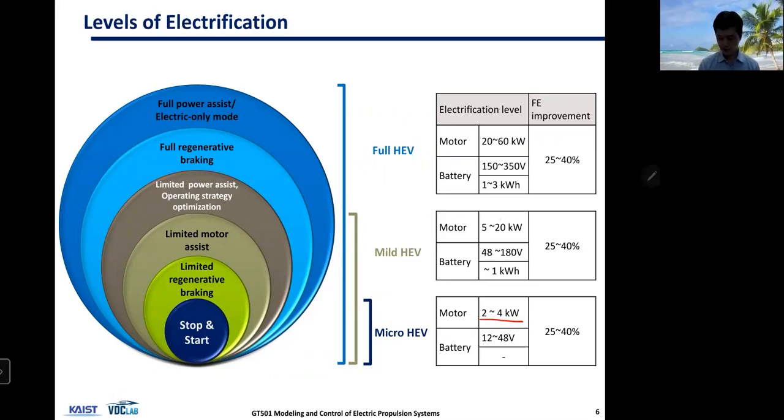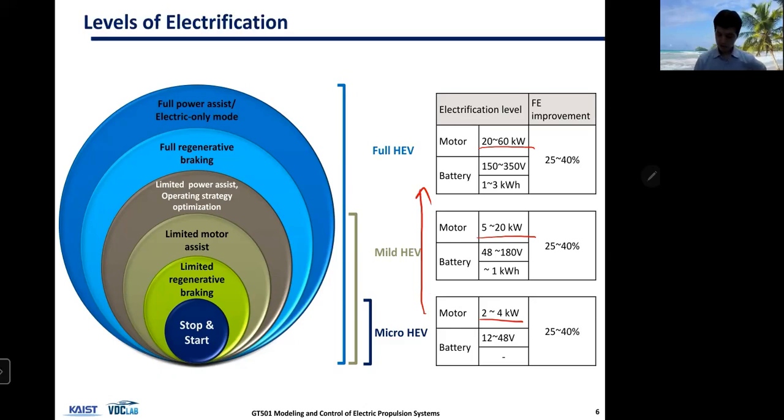For mild hybrid, we are looking at 15 to 20-ish. For full hybrids, we are looking at 30 to 50 kilowatt motor. And obviously the battery needs to be properly designed so that it can provide that power. And because the voltage is directly related to the motor, the voltage level of the battery also needs to be increased as you go from micro to full hybrid.